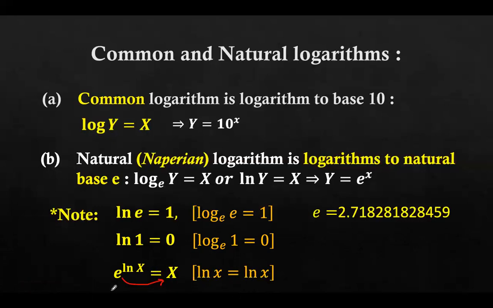So therefore, remember, e to the power ln x becomes x, just like 2 to the power log base 2 of x. You will get the answer x back. So e to the power of ln x, you get x.